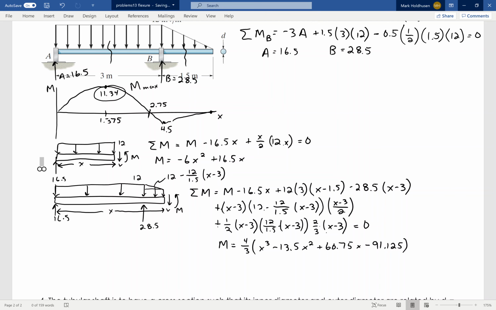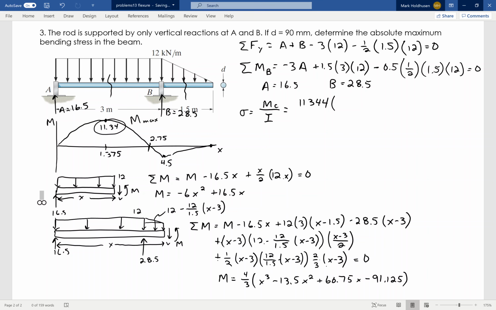Now that I have that maximum moment, I can easily find from my flexure formula, which is Mc over I. I have that, and that's going to be 11.34 kips, or 11,344 pounds, times c, which, this has a diameter of 90 millimeters.